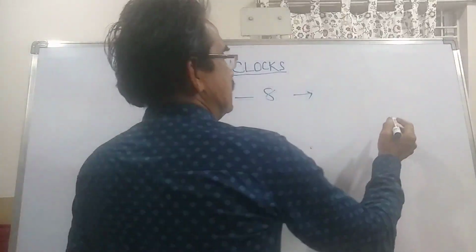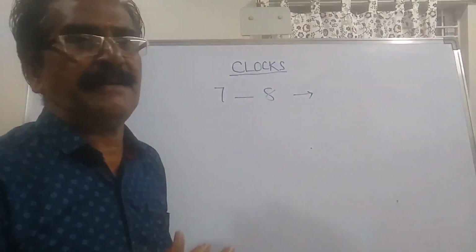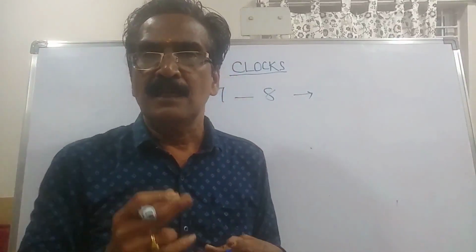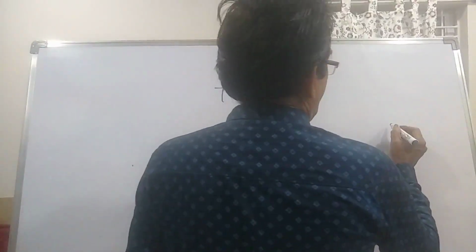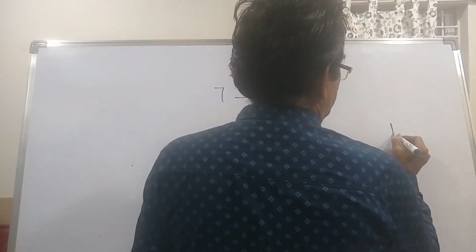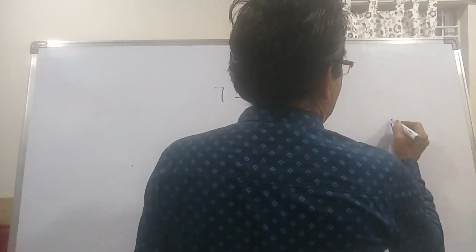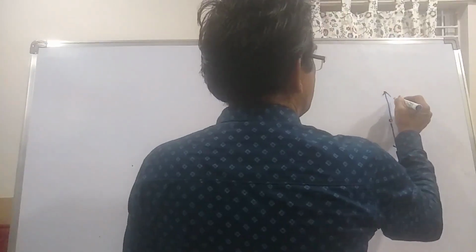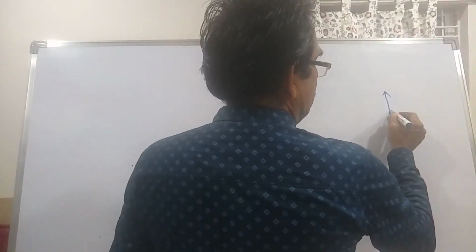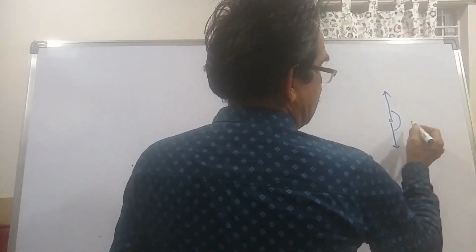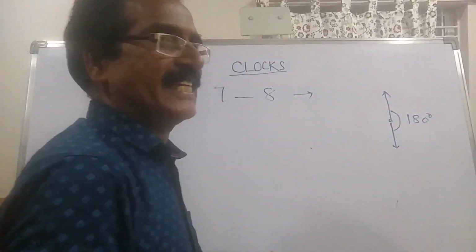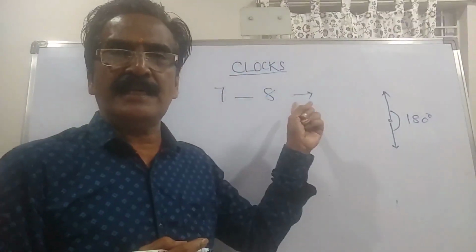Hands in a straight line means the position of the hands at 6 o'clock, which is called the straight line position. What is the angle between the hands? 180 degrees. So now he is asking between 7 and 8.